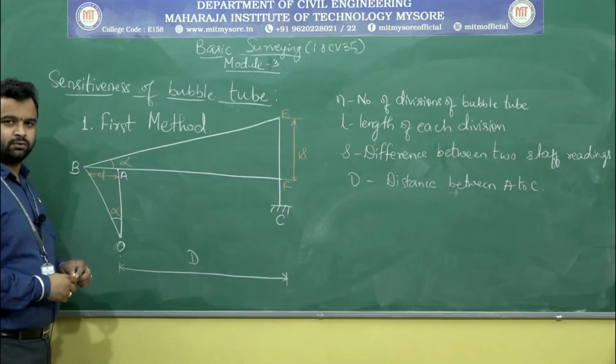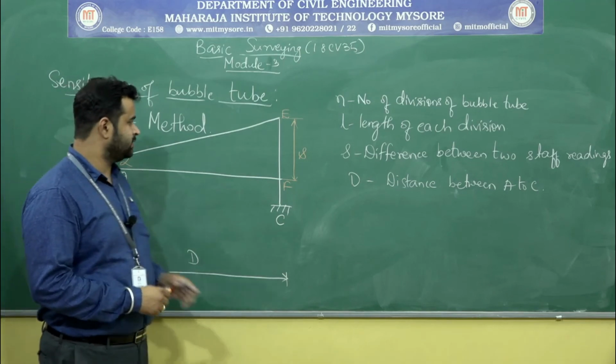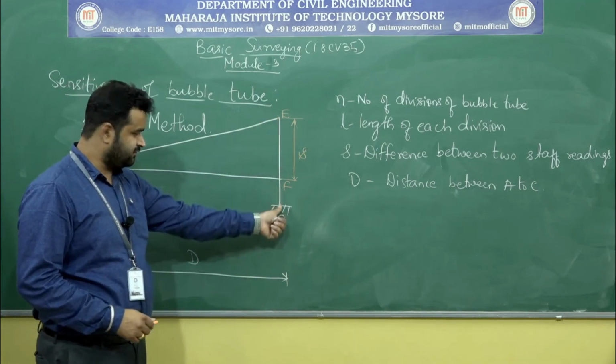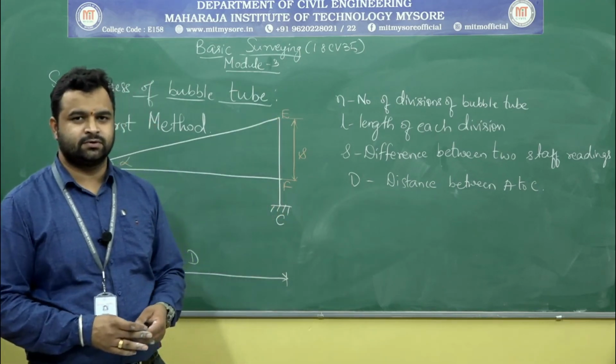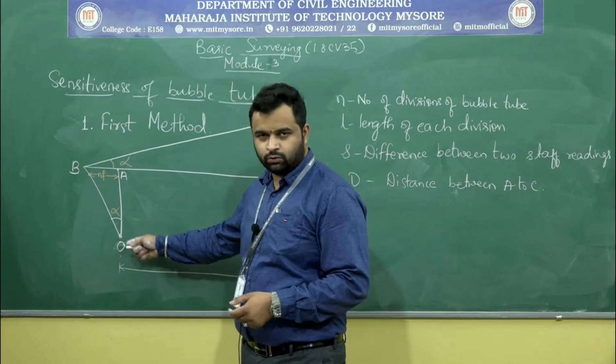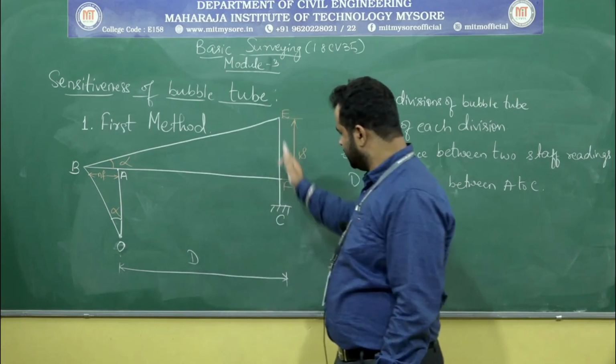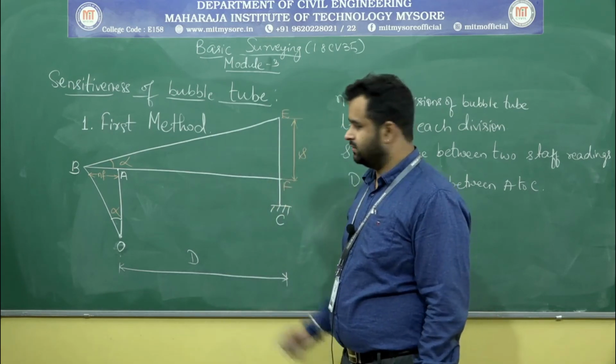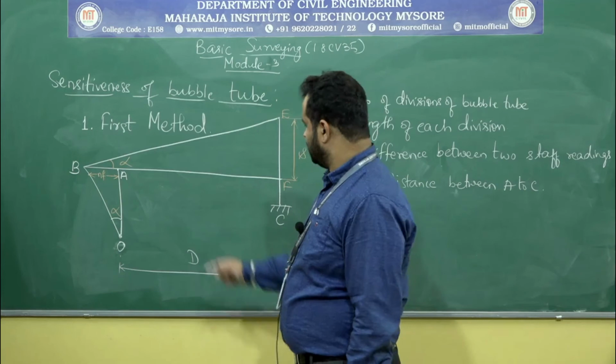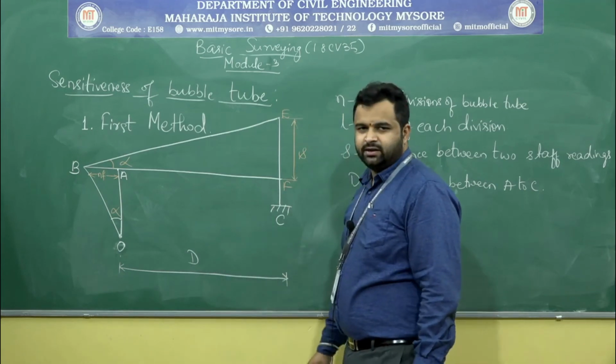So, if you observe, I think you can understand that this is a staff. So, what is the procedure? First step, set the instrument at O, level it accurately. Next, sight a staff kept at C from point O at a distance D.